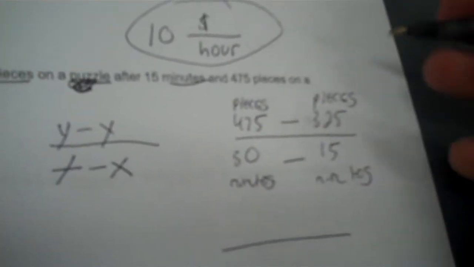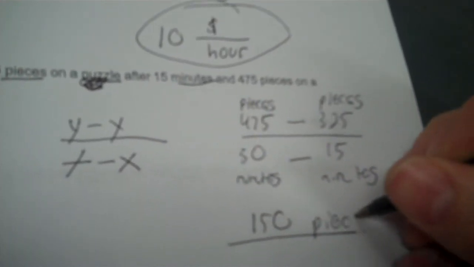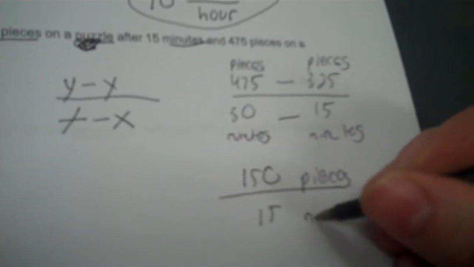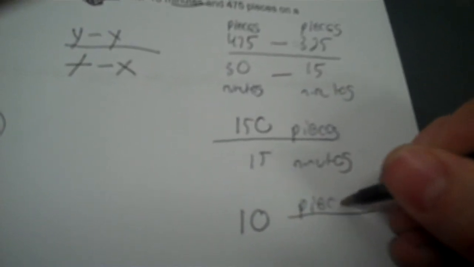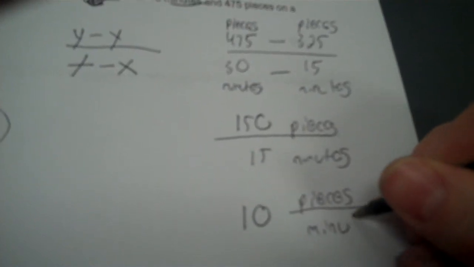So 475 minus 325 is 150 pieces. Then 30 minutes minus 15 minutes would be 15 minutes. So then I divide 150 by 15 and I get 10. The answer is not always 10. Okay, it'd be pieces. Have an S on that, but here you're just going to put minute.